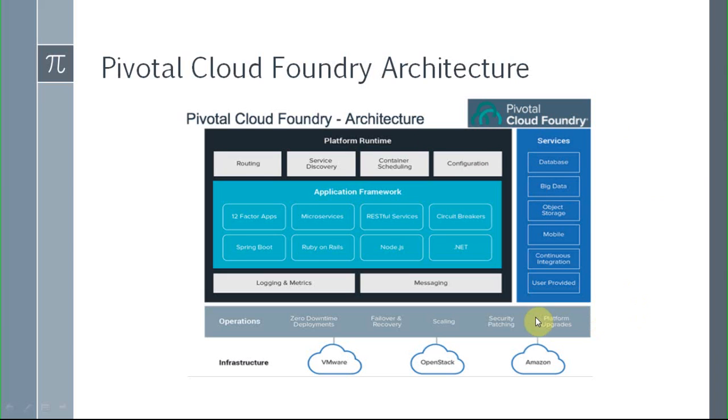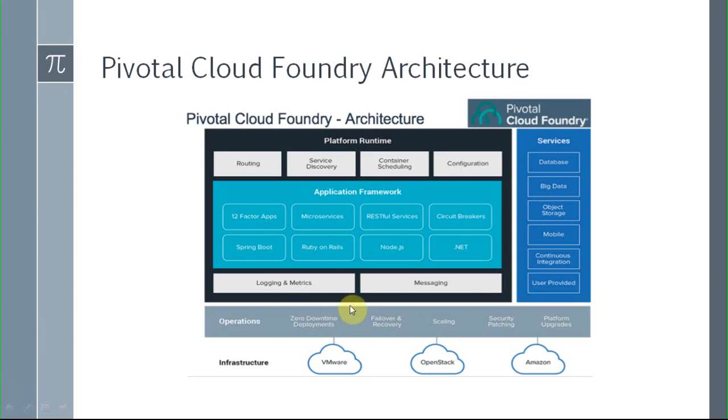And here, as operations, we can have different kinds of operations. For example, scaling of the system automatically, having failover and recovery, which can also be automatic.